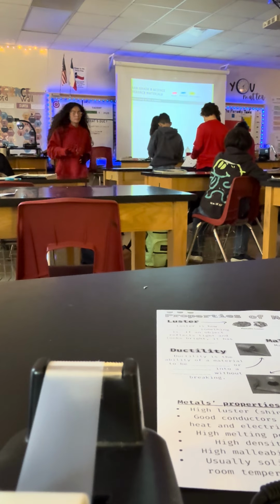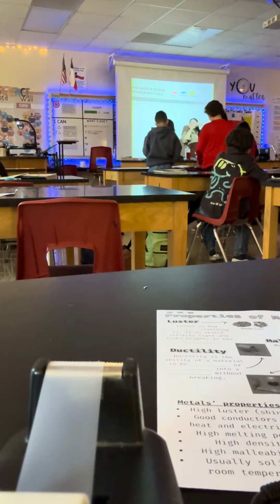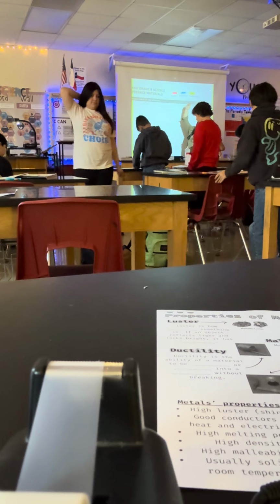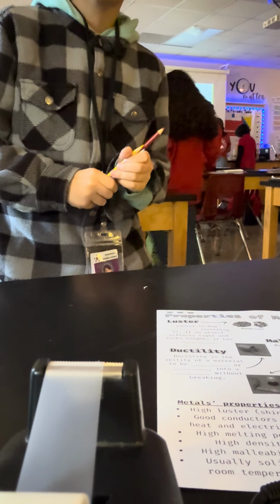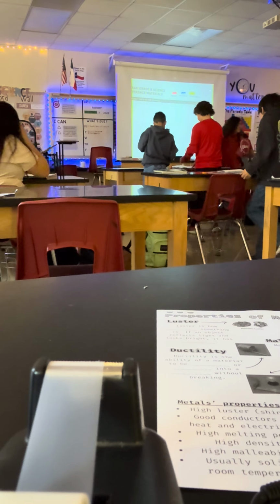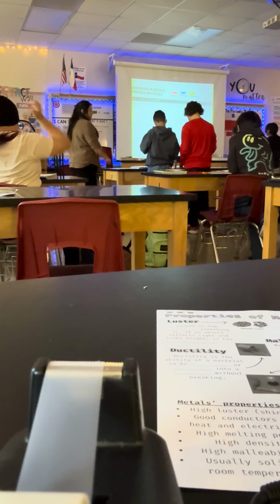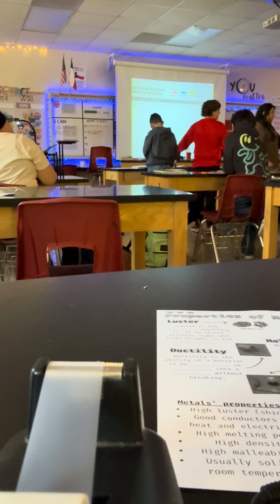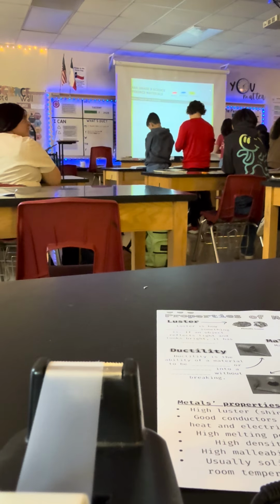When you sit back down, you should have your periodic table out, and you'll be putting this key on the very top. Metal, non-metal, metalloid. If you don't have yellow, you can use green.